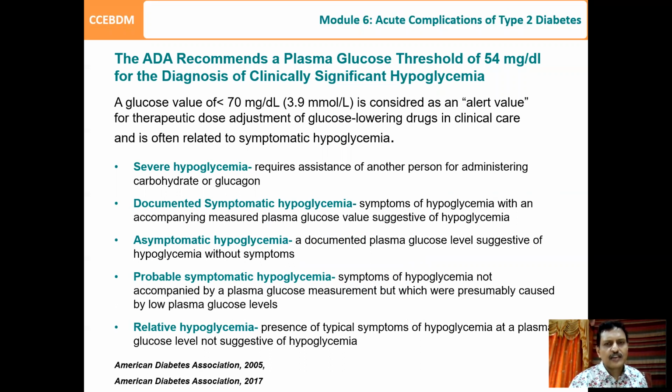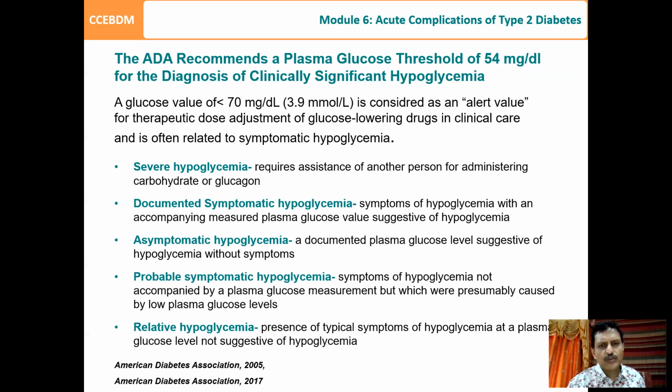And again, hypoglycemia which does not require assistance is mild hypoglycemia. So there is a lot of fallacy as far as this definition is concerned. You can see that young children always require the help of their parents to correct the hypoglycemia. So it is always severe hypoglycemia for them as far as this definition is concerned.